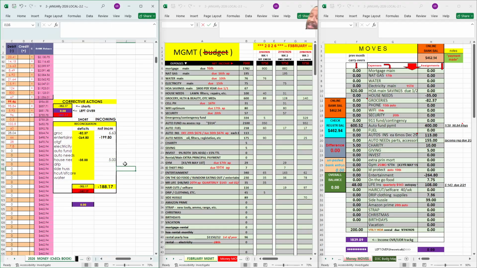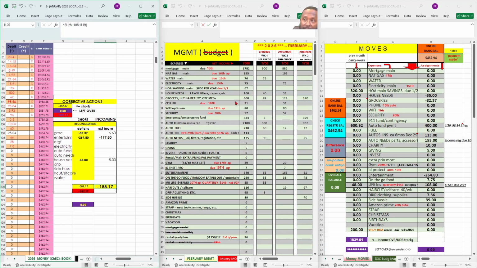So now I have to say, okay, well, I'm still going to be short in total, because all of this adds up to being short a negative 188.17. This is what I'm going to do about that. Now I know that my money moves. This $462 isn't just going to stay in last month, which was January. It's not going to stay there.